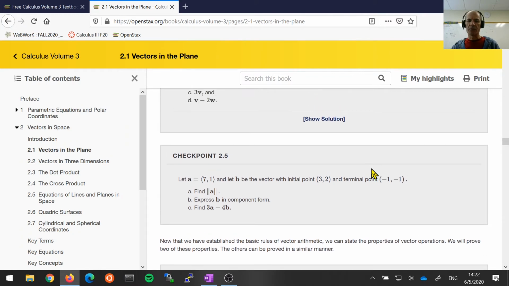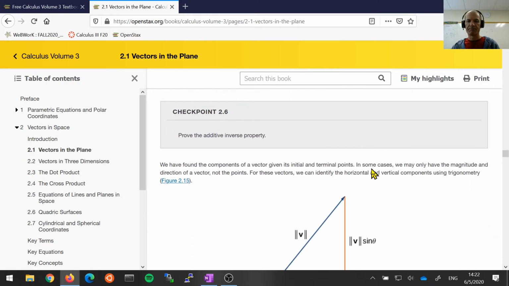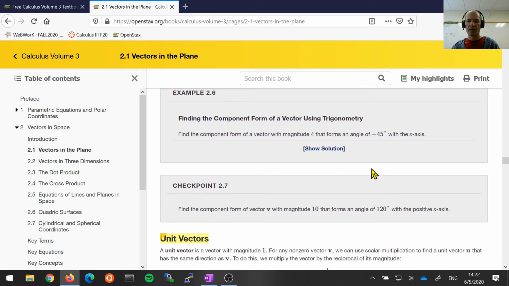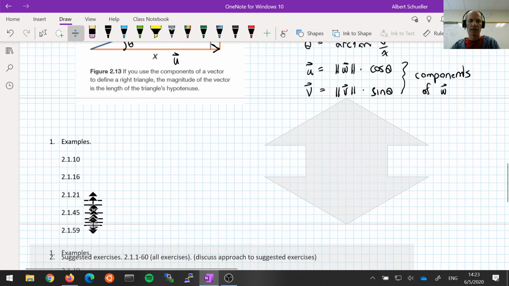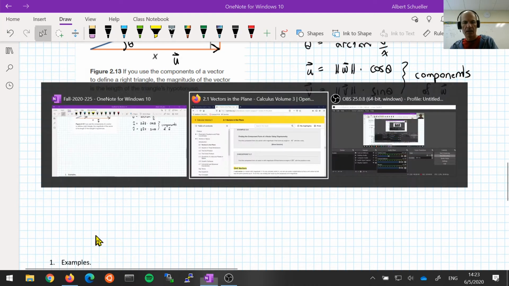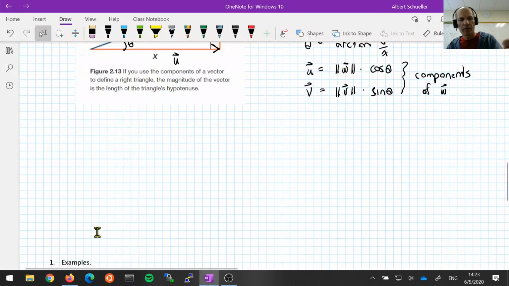So when you're asked, for example, to find the component form of a vector with magnitude 4 that forms an angle of minus 45 degrees with the x-axis, what are we talking about here? Well, we want a vector with magnitude 4.